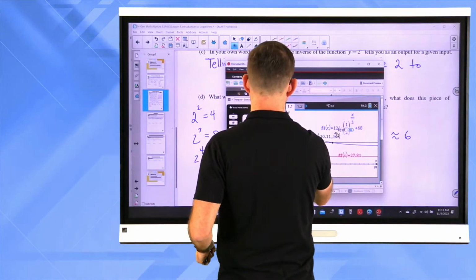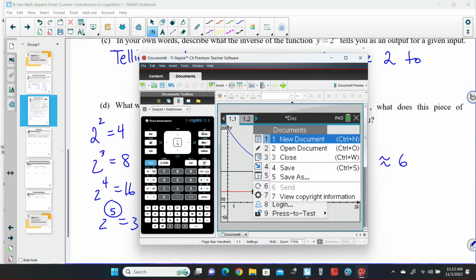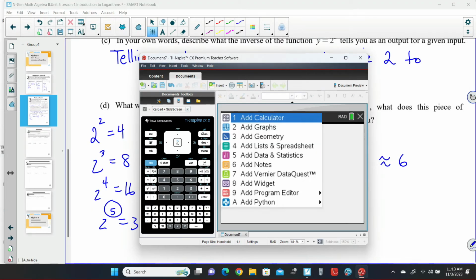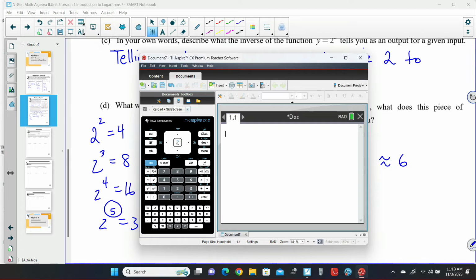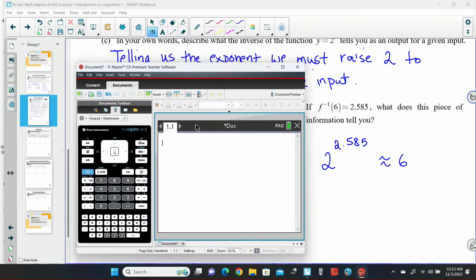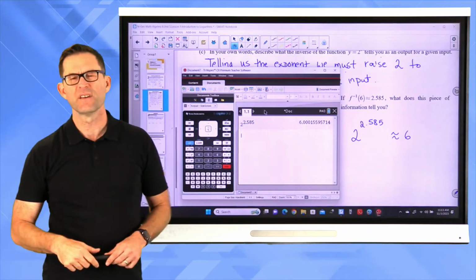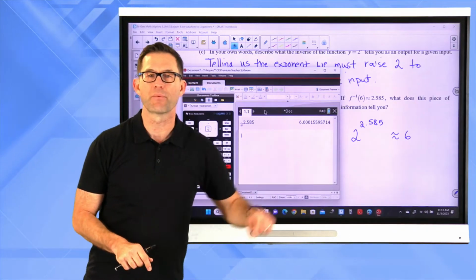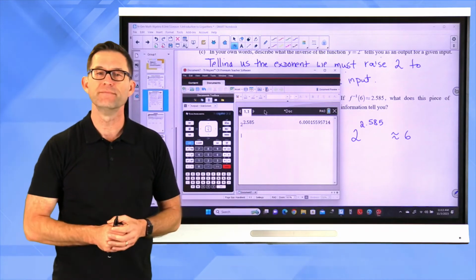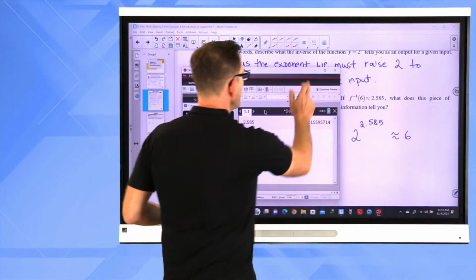Let me bring a whole new document open, calculator, and let me actually take a look. We've got 2 raised to the 2.585, and yeah, that's just about 6. You know, there's a little bit of a rounding error because that's the approximately thing, but that's fine. All right.